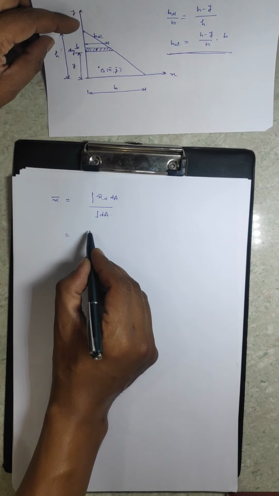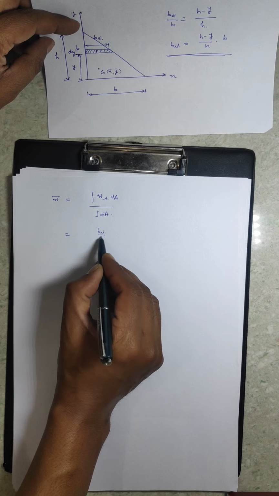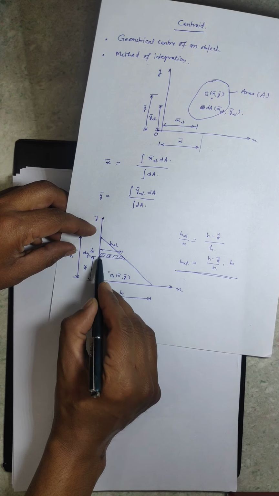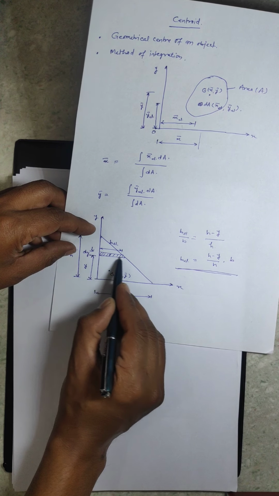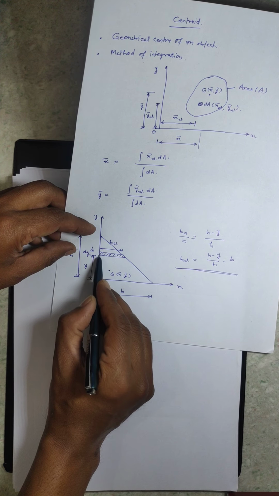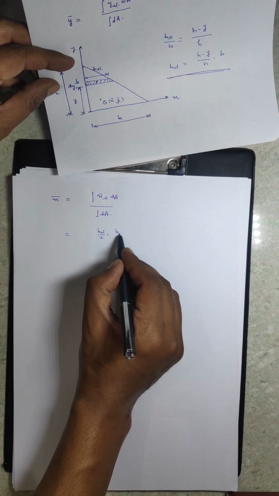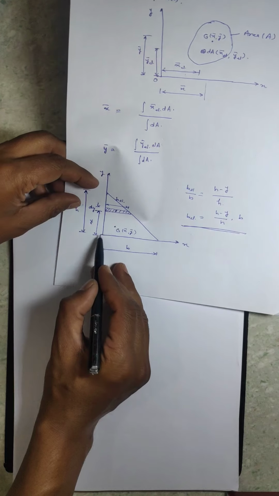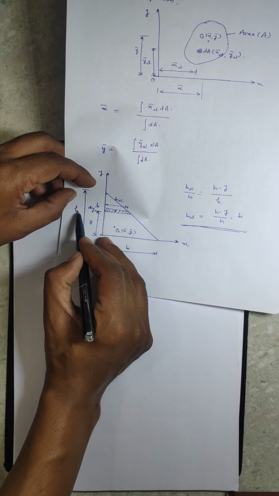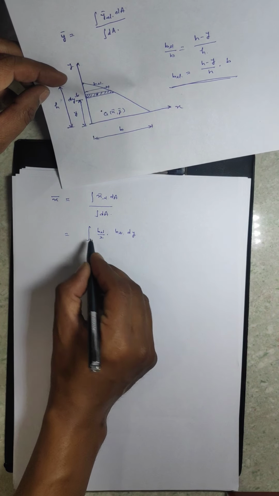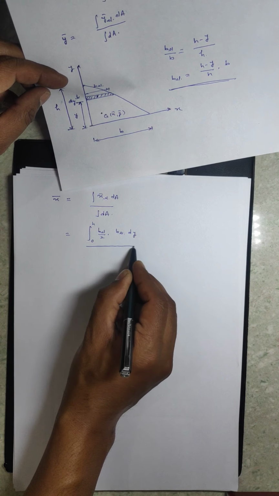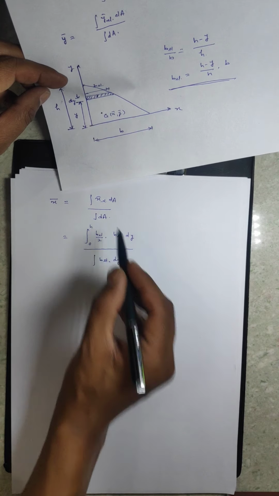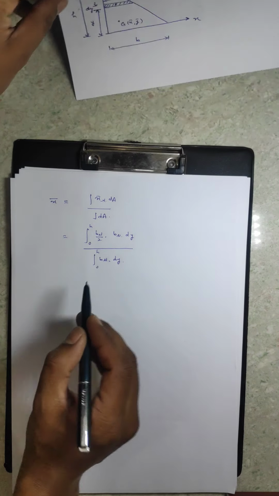So x bar elemental dA is b elemental by 2 into dA. The area of the elementary strip dA is b elemental multiplied by dy. Integration limits of y are from 0 to h, divided by integration of b elemental dy, that is dA, from 0 to h.